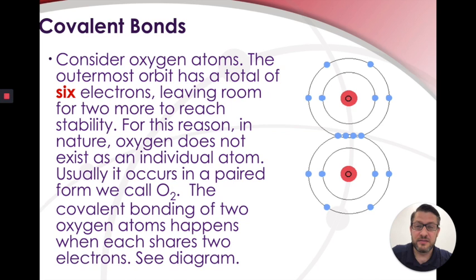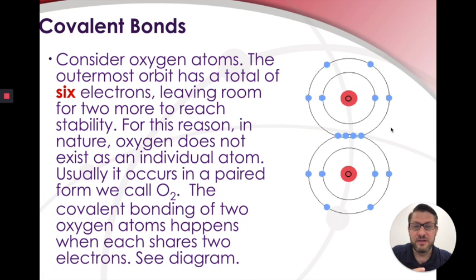So if you look at this diagram, you have your nucleus in the middle, and then you have 2 electrons in the first orbital, so that one's full, and now we have 1, 2, 3, 4, 5, 6, 7, 8 electrons in its second orbital. Okay, even though 2 of these 4 electrons are being shared by the other oxygen atom, it doesn't matter because this oxygen atom has its complete orbital, and that's all it cares about.